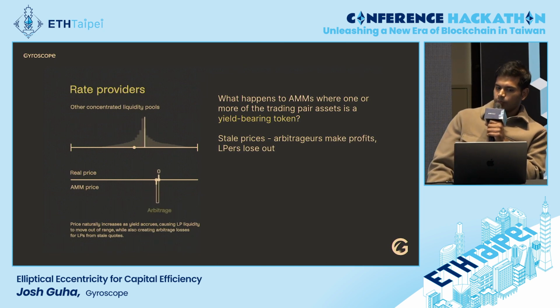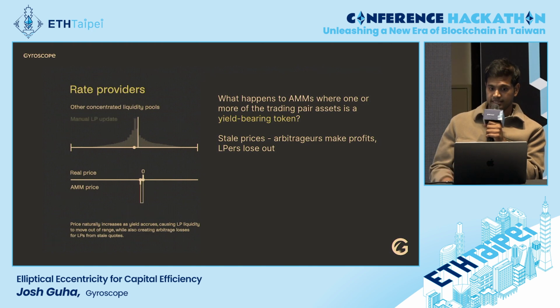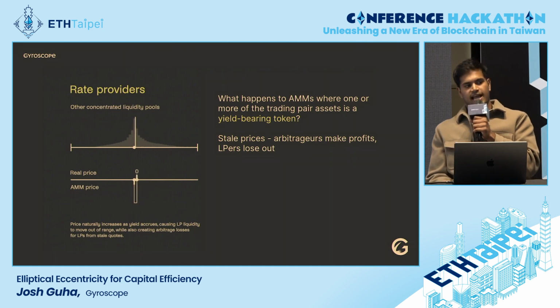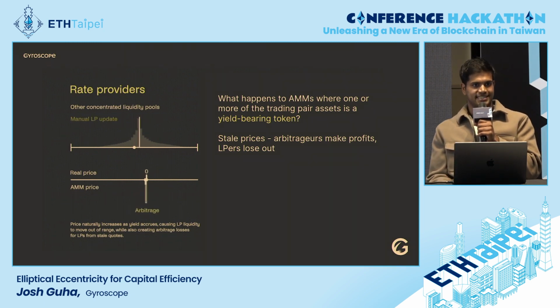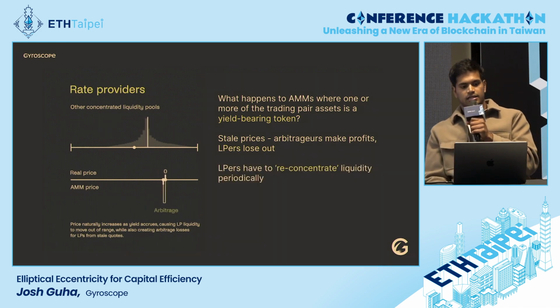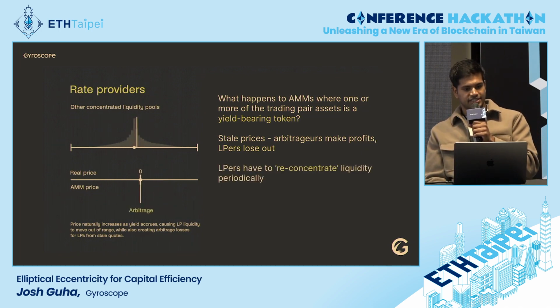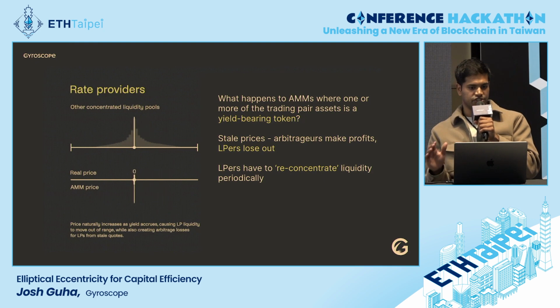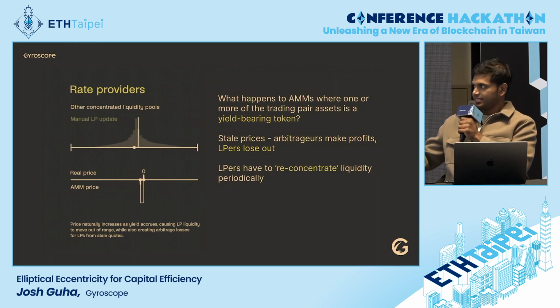As discussed earlier, we expect that the external market price changes, driven in part by this yield, and the AMM price becomes stale and is only brought back into equilibrium by arbitrageurs. However, the arbitrageur's profit is the liquidity provider's loss. So to reflect the yield and the changes in prices, liquidity providers in other concentrated liquidity pools will have to actively manage their position, manually shifting their desired liquidity distribution.